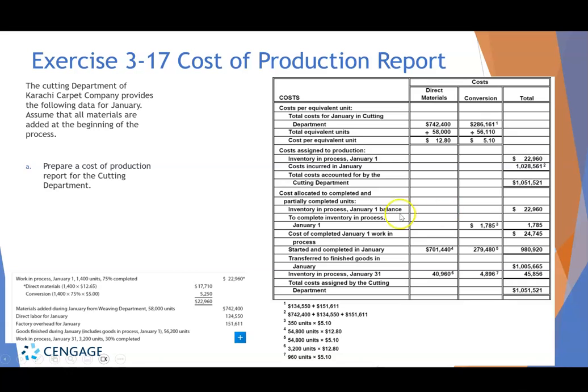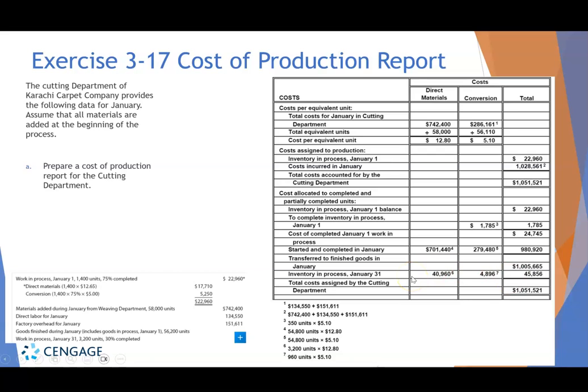Here's the 350 units at $5.10. That's the portion of conversion cost we charged to the beginning work in process that still needed to be completed. What we started and completed in January, and then what was sitting on hand at the end of the period.